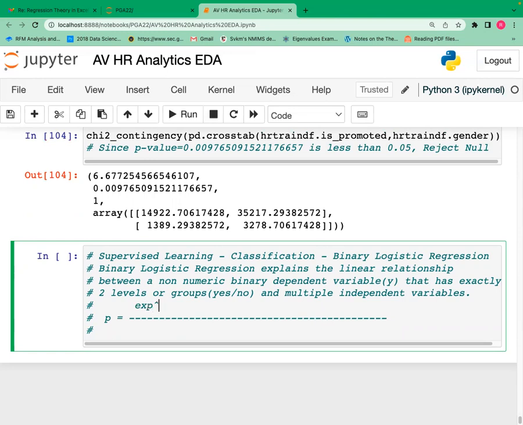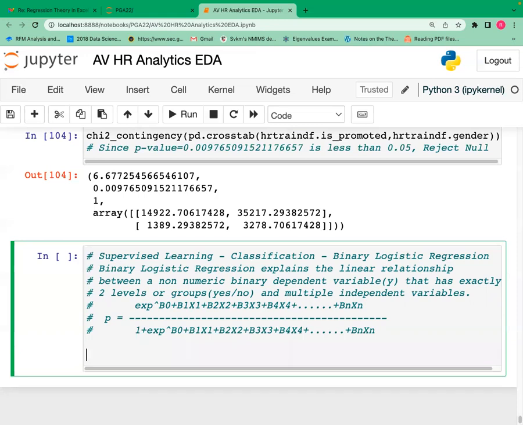Exponential to the power of b0 plus b1 x1 plus b2 x2 plus b3 x3 plus b4 x4 till bn xn. The denominator will be 1 plus e to the power of the same expression. This is the equation of binary logistic regression.